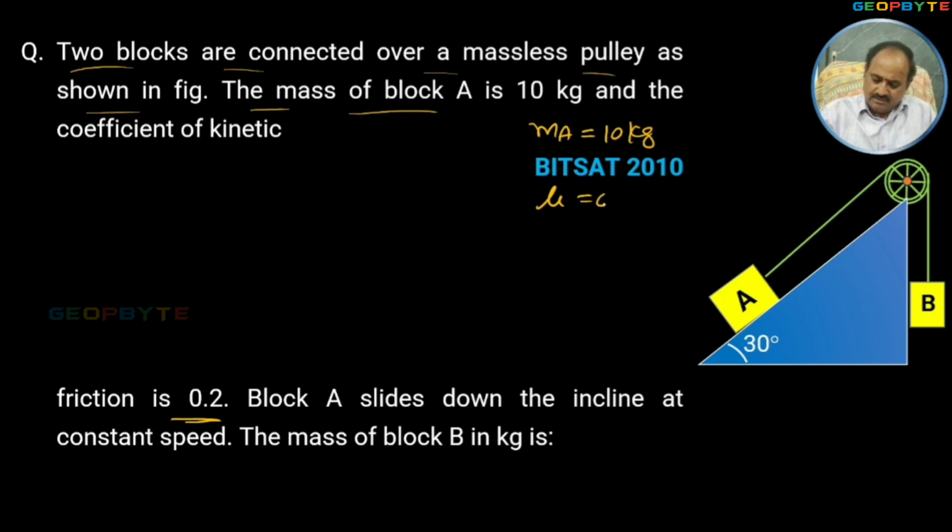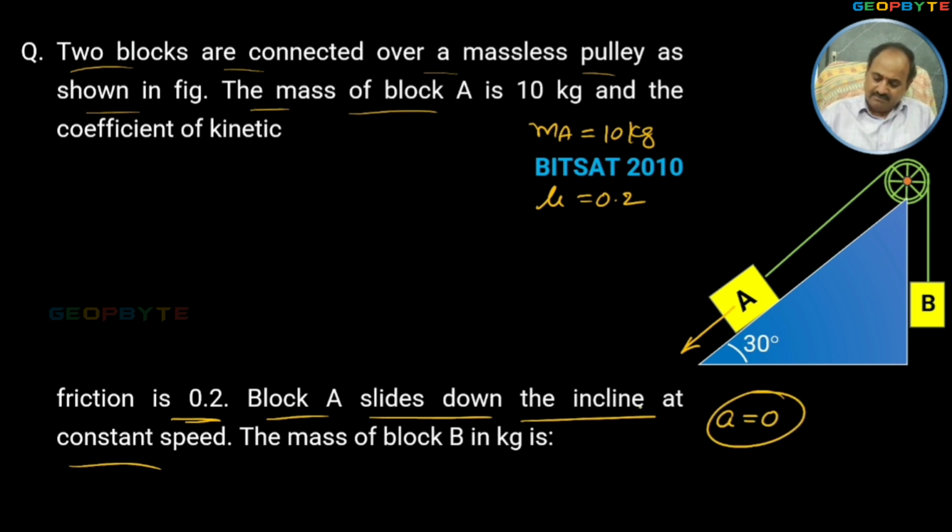Block A slides down the inclined plane at constant speed. Constant speed means acceleration a equal to 0. In the figure it is clearly given. It is maintaining constant speed.